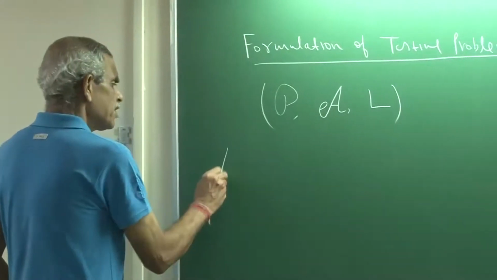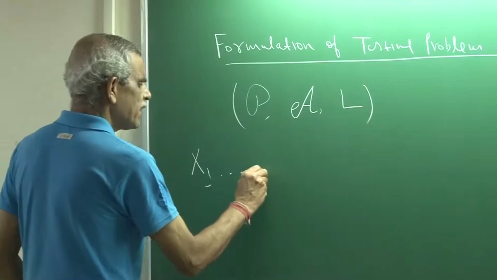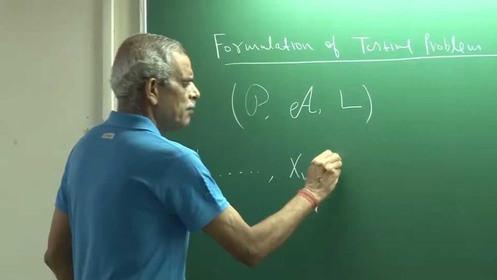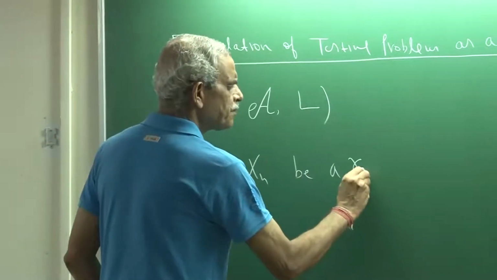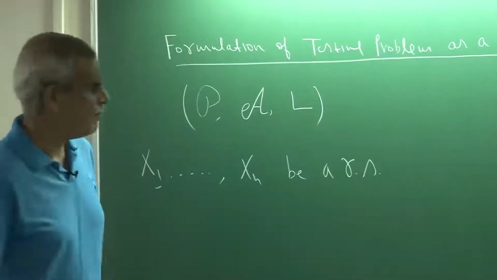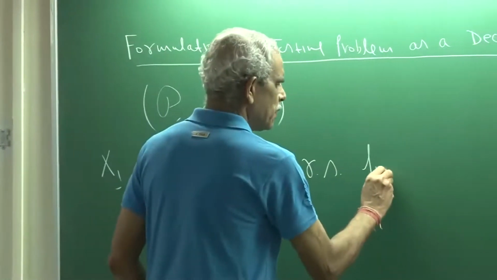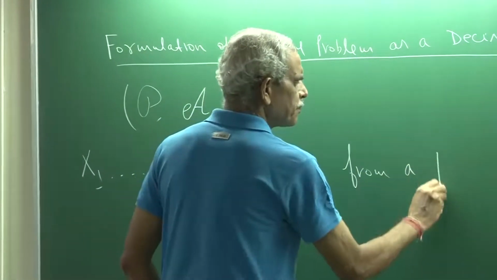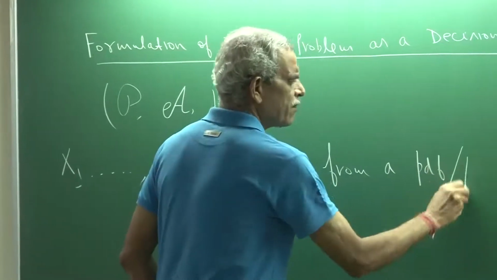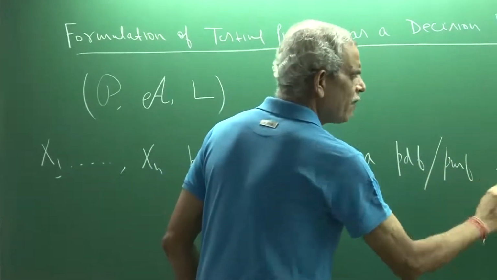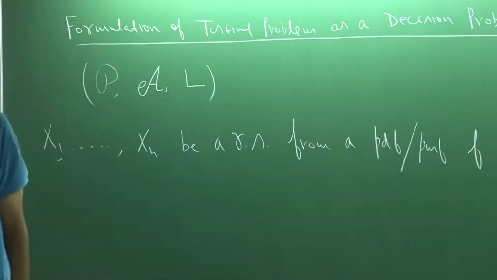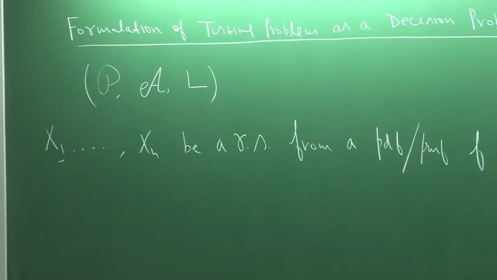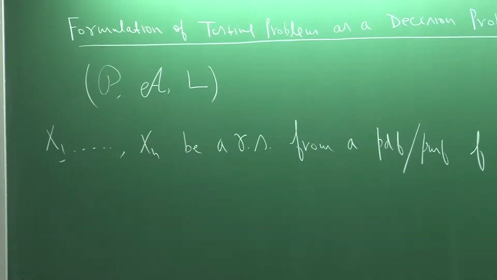Let the problem be as follows: let x1, x2, ..., xn be a random sample from a PDF or probability mass function f. To make things simple, for the time being, I assume that f is either f0 or f1.